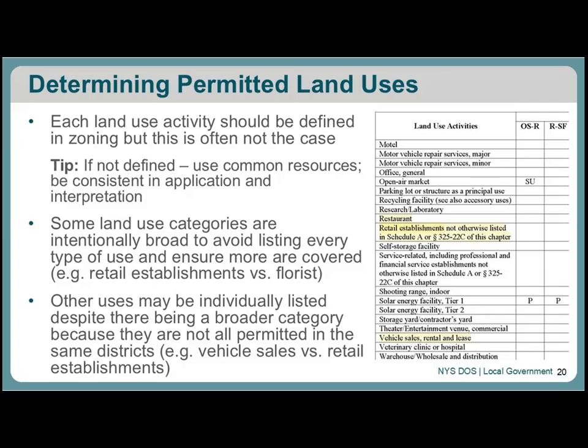That's another one where it could be a catch-all category, but then some service uses might be specifically listed. This is more and more common. Part of it is to reduce the number of pages of zoning and to cut down on the sheer magnitude of the list of permitted uses. But it also provides that catch-all category for retail or service, and you might see light industrial as well. And if there are concerns about really specific uses, they probably are listed separately, so look for that as well.